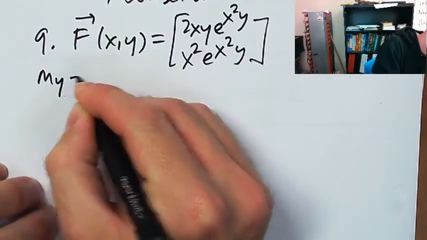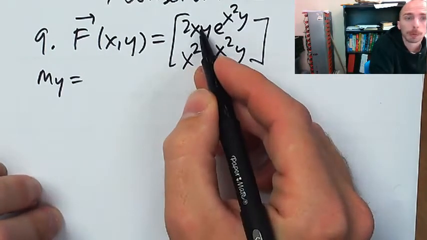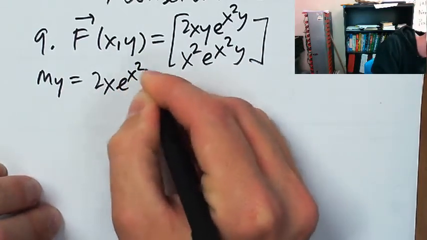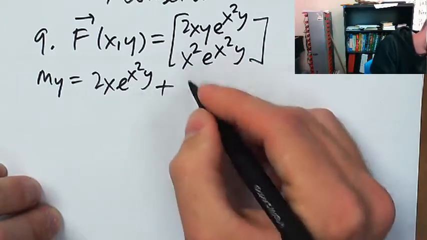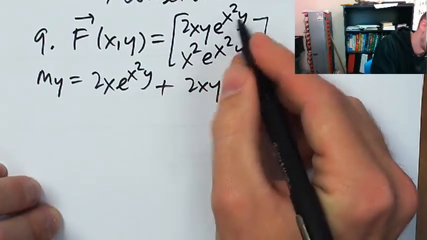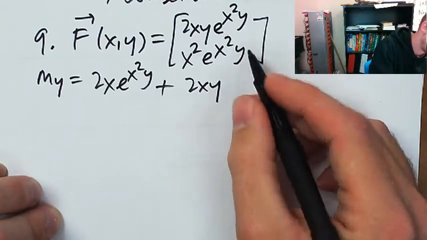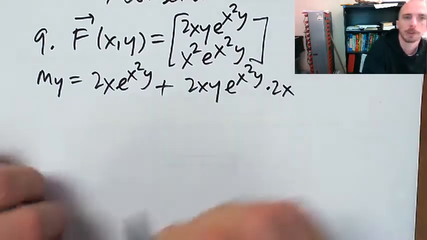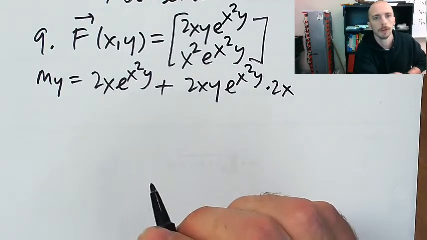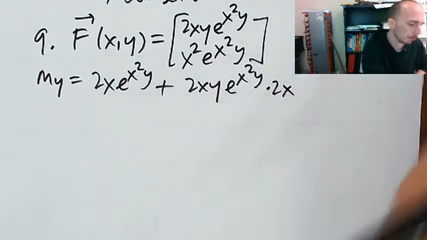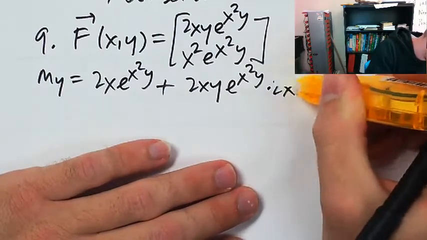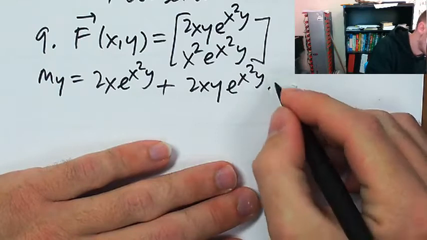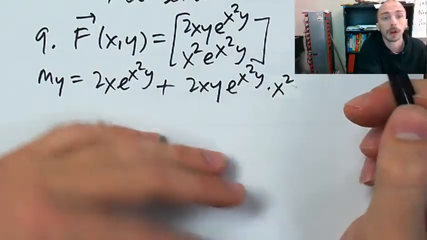So I'm going to take the derivative of this first part with respect to y first and leave the other thing the same. Then, leaving this the same, I take the derivative of that with respect to y, and that would be e to the x squared y times an x squared for the chain rule. Yeah, because I was taking that with respect to y, so that x squared would be a constant.